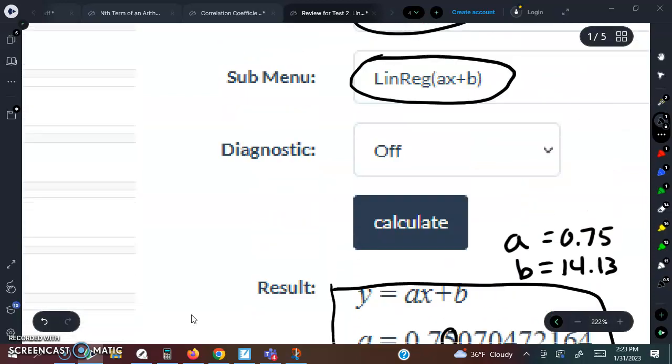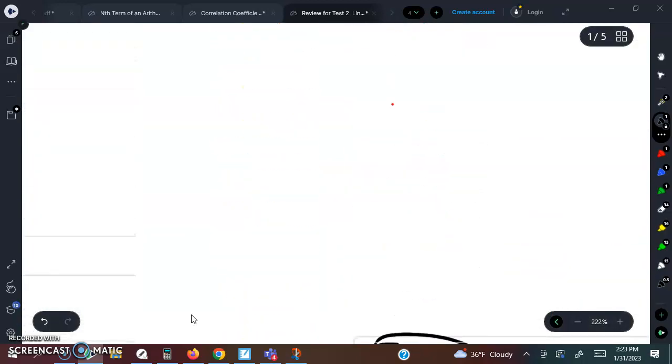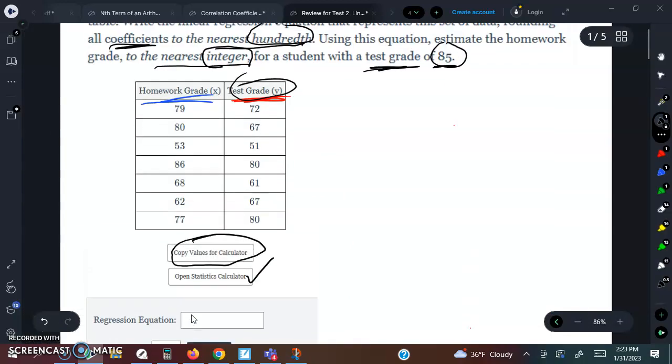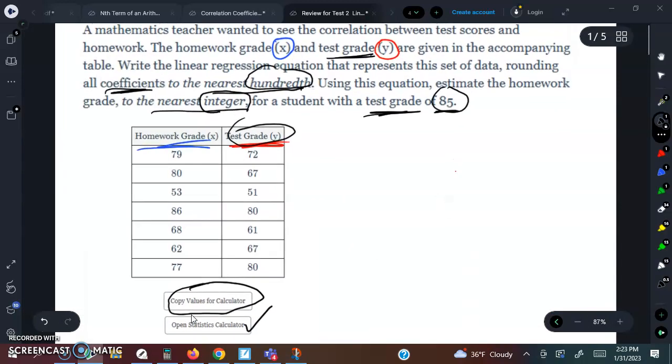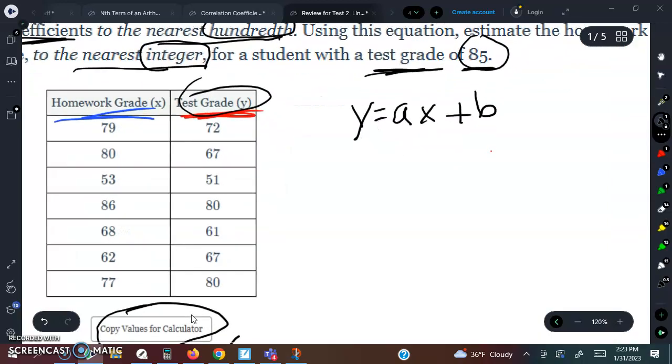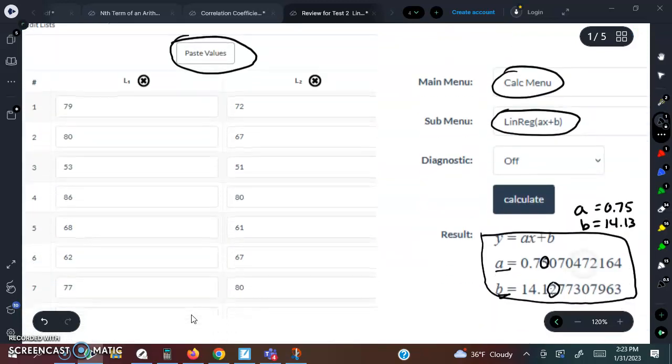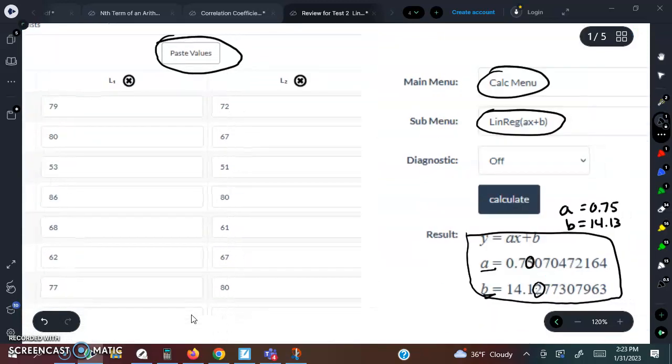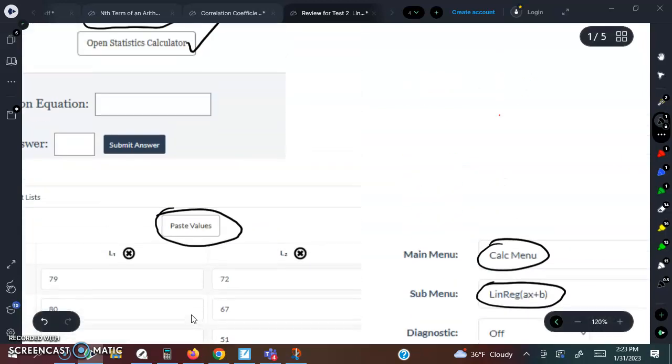Alright, now I'm going to plug those numbers in to make my formula. Let me write it up here. So again, it's y is equal to ax plus b. And a again was 0.75 and b is 14.13.